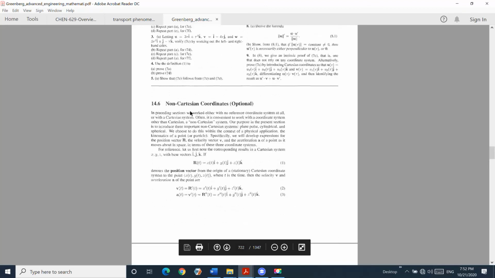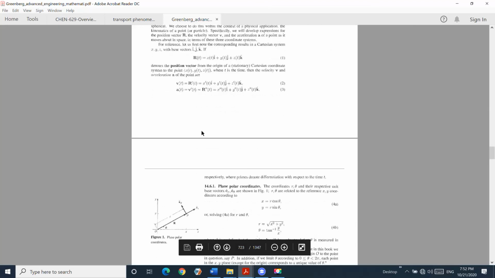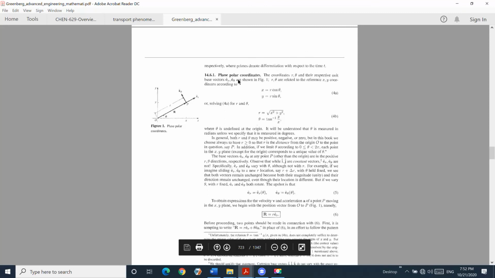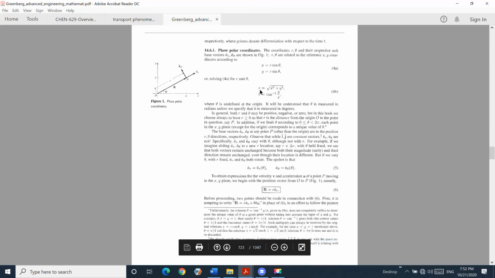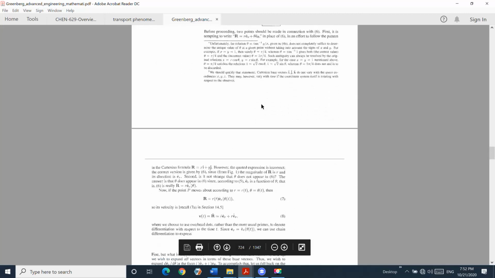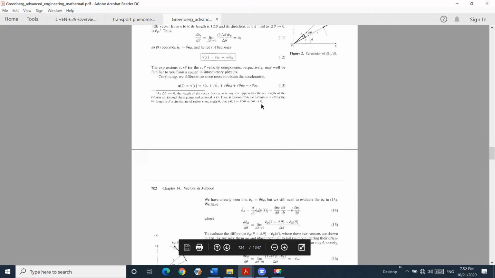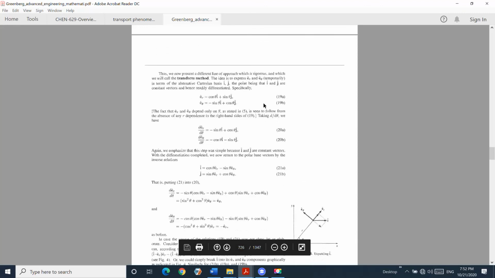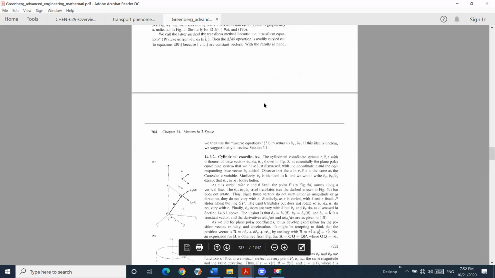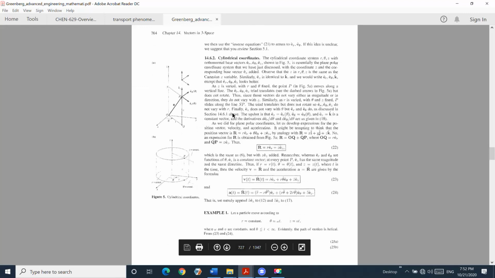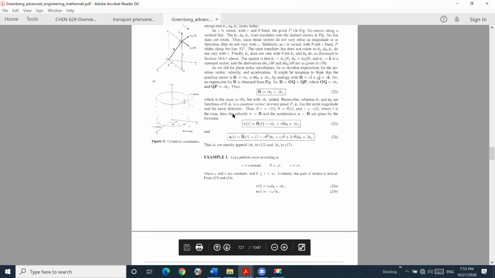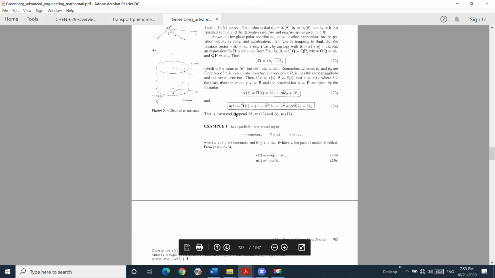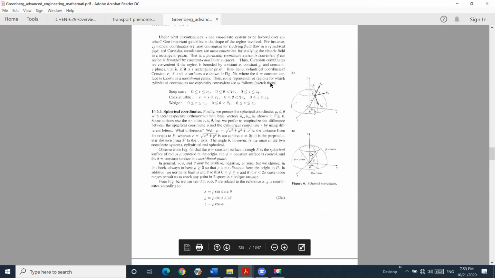An optional topic is the non-Cartesian coordinates. This topic defines the plane polar coordinates r, theta. Then later it gives you the transformation between Cartesian coordinates and, for example, cylindrical coordinates. If you want to transform from Cartesian to cylindrical coordinates, you can utilize this section.